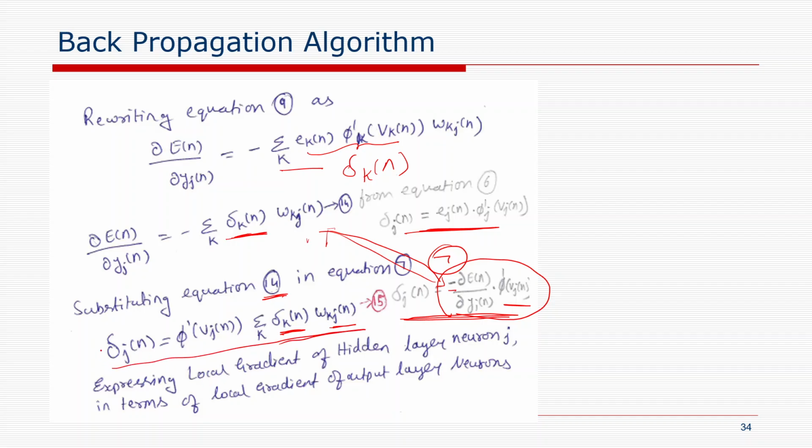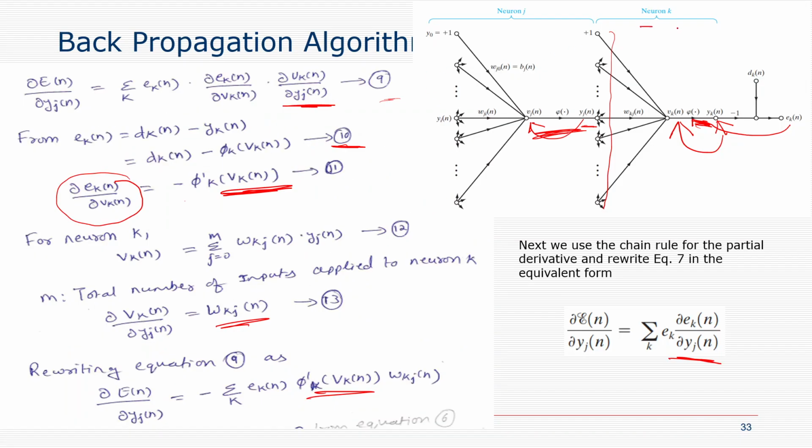That is, this is for the case where we are considering the node j which is there in the hidden layer. We are expressing now this particular local gradient delta j of n, the gradient of hidden layer neuron j, in terms of the local gradient of the output layer neurons, because this delta k was our output neuron, delta j was hidden, because in the diagram you can observe this was our neuron k and this was our neuron j, which was the hidden node neuron.